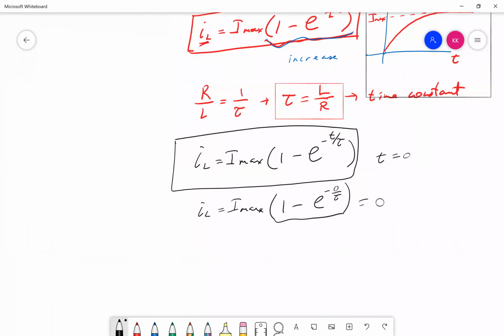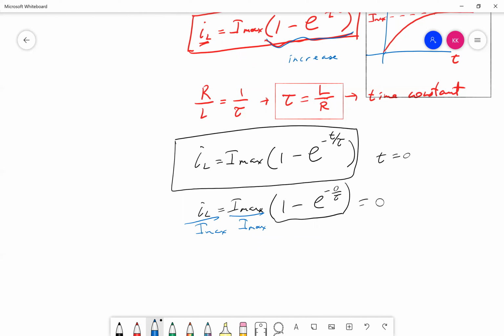Now, one thing we can do from here is data analysis, kind of reverse engineering a little bit, because in our experiment we're going to divide both sides by Imax and take the ln of both sides.